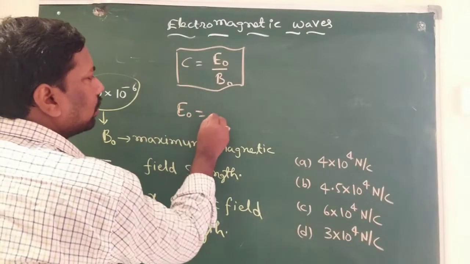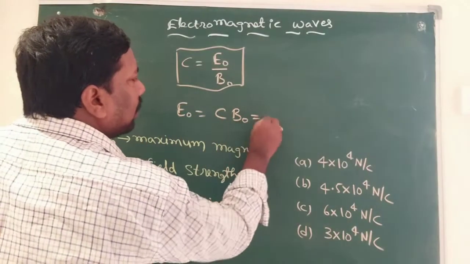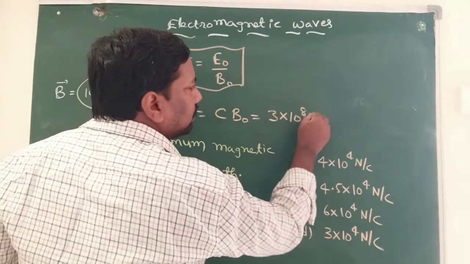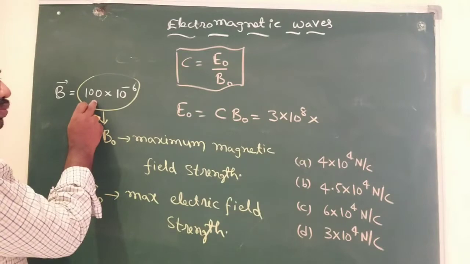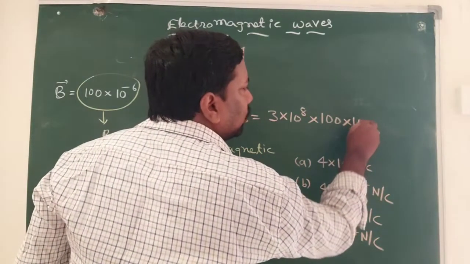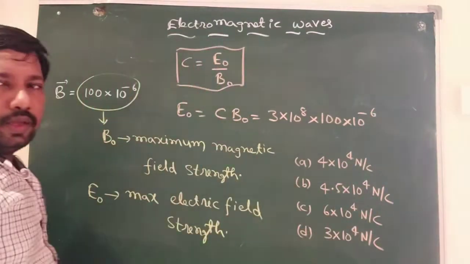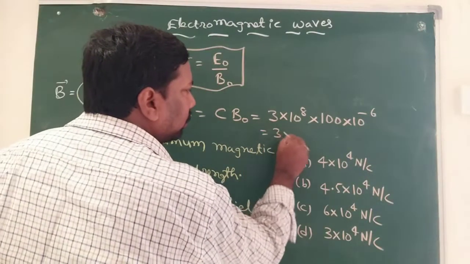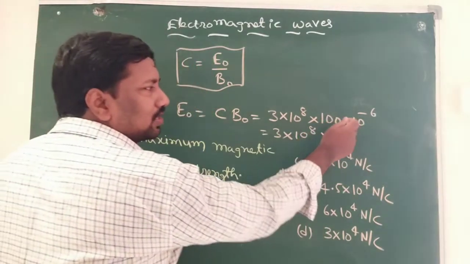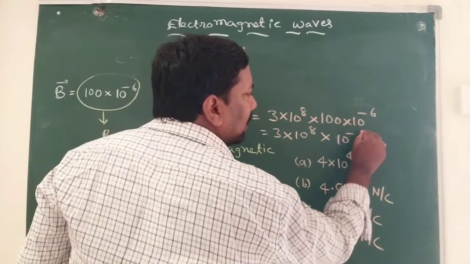So E naught equal to C into B naught. We know that C means velocity of light, 3 into 10 power 8, into B naught, which is 100 into 10 power minus 6. So in this case, 3 into 10 power 8 into 100, that is 10 square, into 10 power minus 6, gives 10 power minus 4.